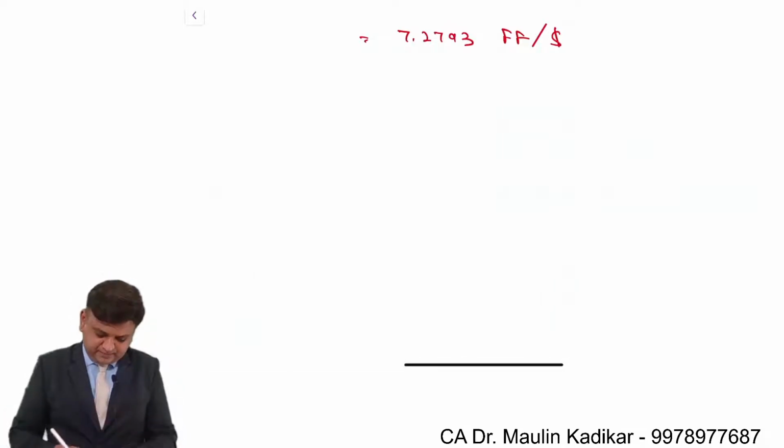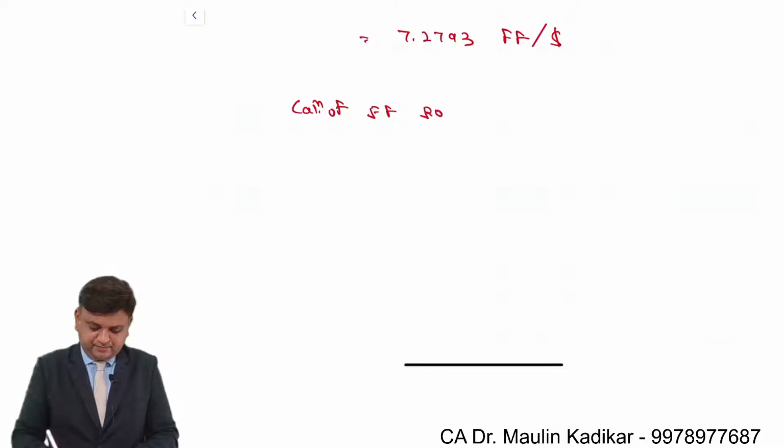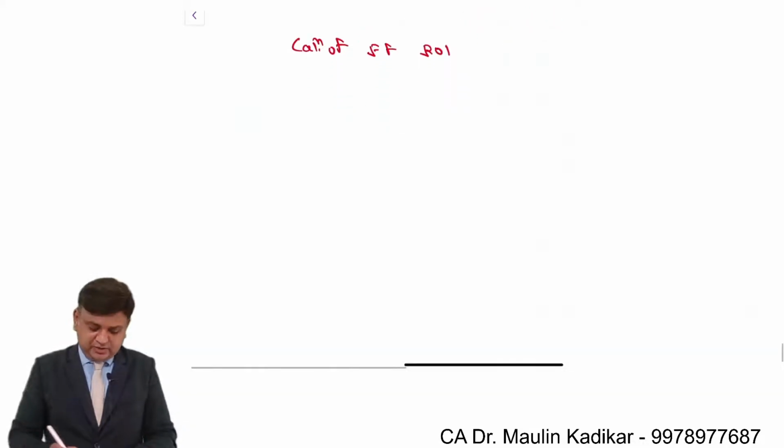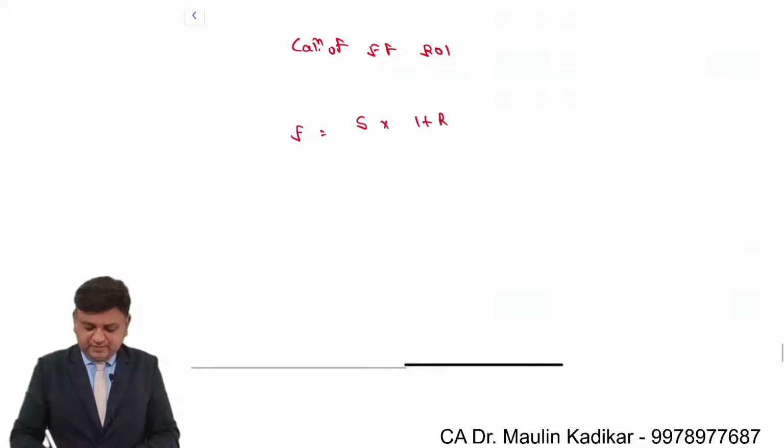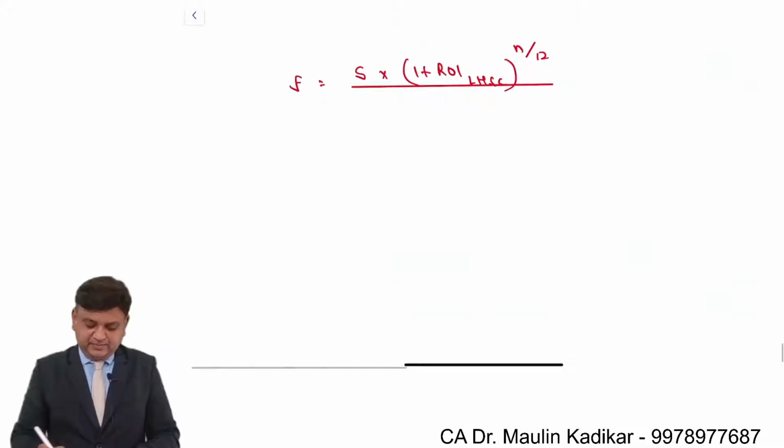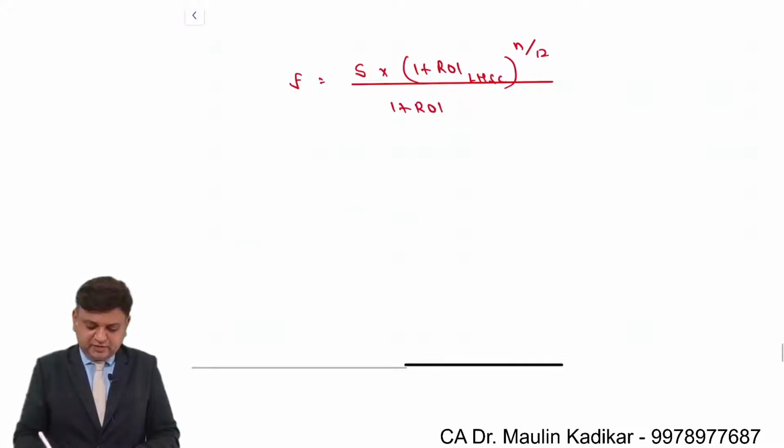Calculation of French franc rate of interest. Let us see how to calculate it. Forward is equal to spot into 1 plus rate of interest for left hand side currency raised to n by 12, whole divided by 1 plus rate of interest for right hand side currency again raised to n by 12.